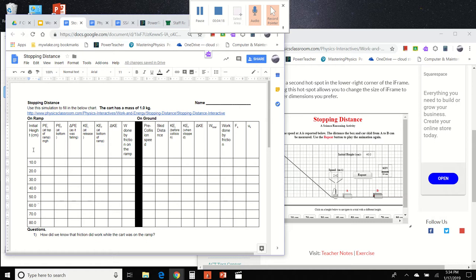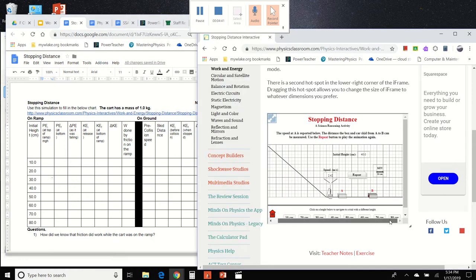These are in centimeters, but remember that when you enter them into your equations, they should be in meters. So move this decimal place over 2 spots. Remember, 10 centimeters is 0.1 meters, 20 centimeters is 0.2 meters, and so on. That will get you your answers in joules. So first one, real easy.